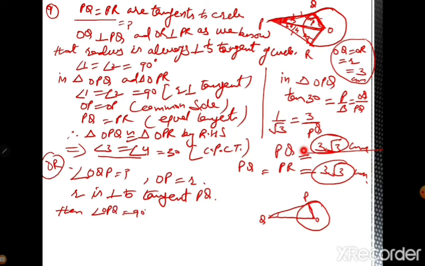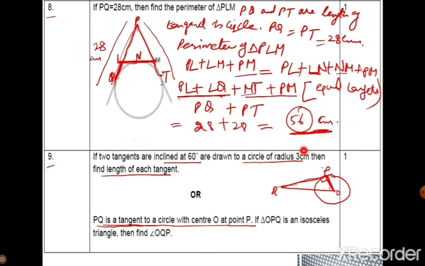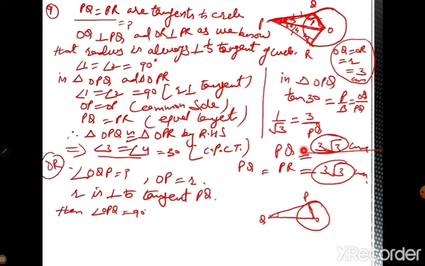Now it is given in the question that triangle OPQ is an isosceles triangle. If triangle OPQ is isosceles, then two sides will be equal. Now I am taking this angle as 90 degrees, so OQ is hypotenuse. The remaining two sides are OP and PQ.